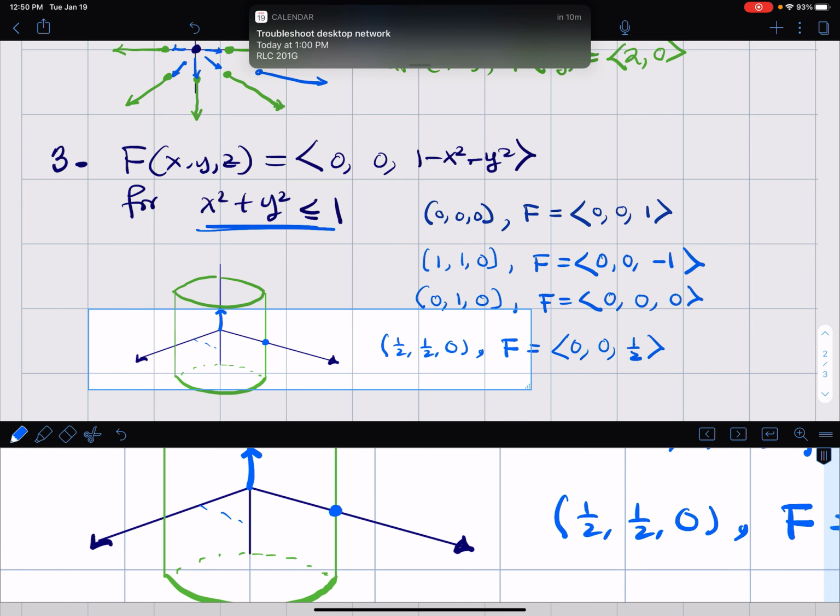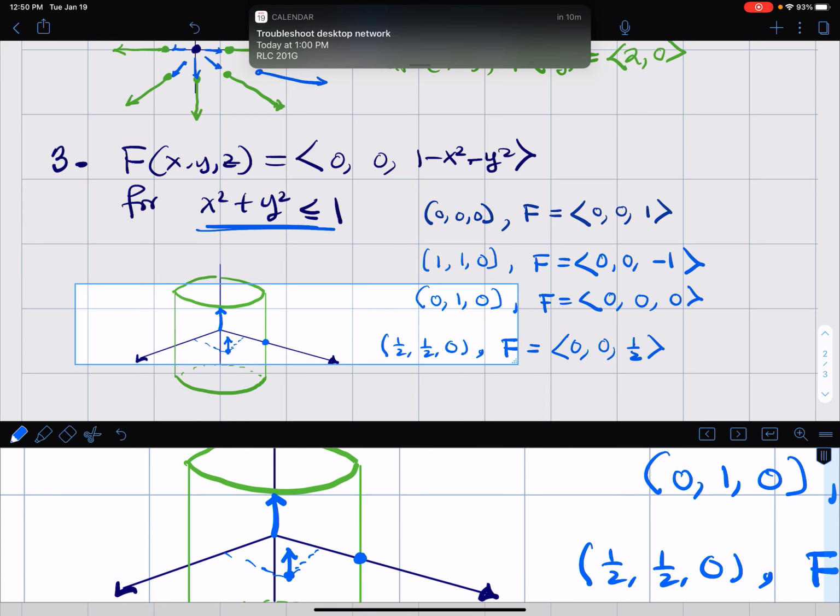So at 1/2, 1/2, which is around here, I know I said that was where 1 is before, but it's not. So what I'm trying to show you is that the closer we get to the origin, the longer the vectors become. And the farther we are from the origin, the shorter the vectors become. That's the main thing I wanted to show you.